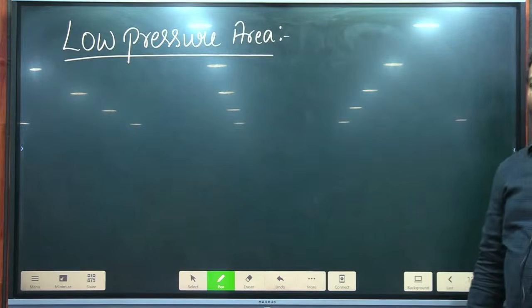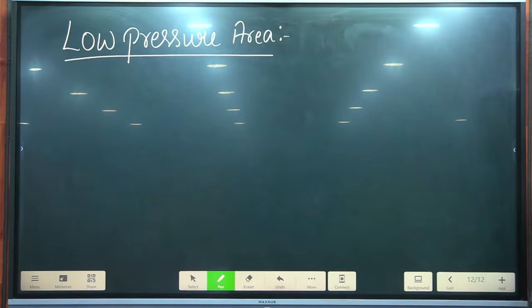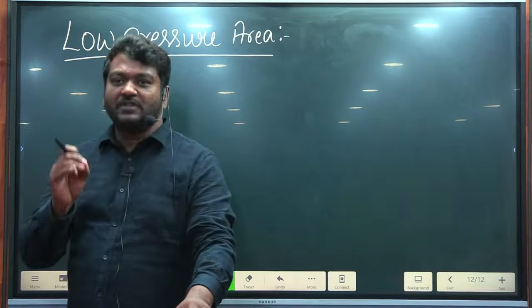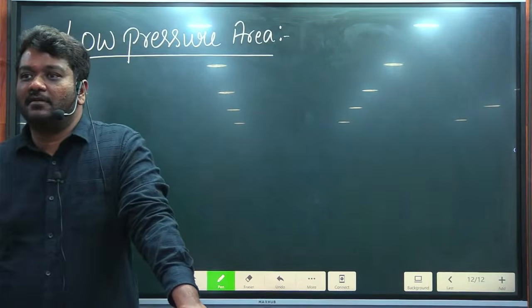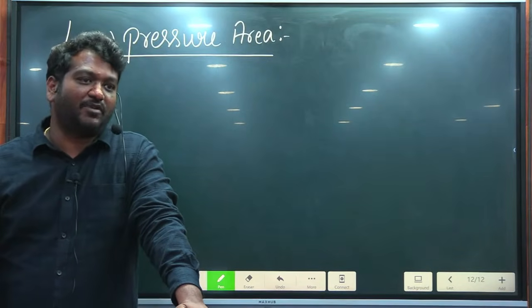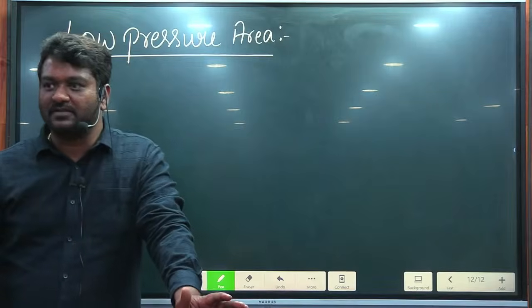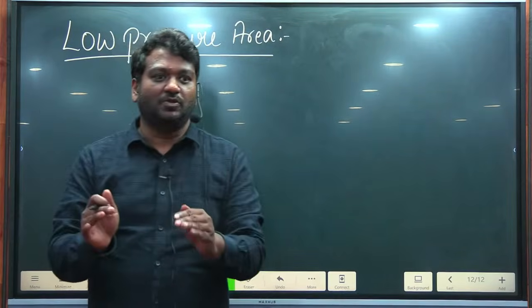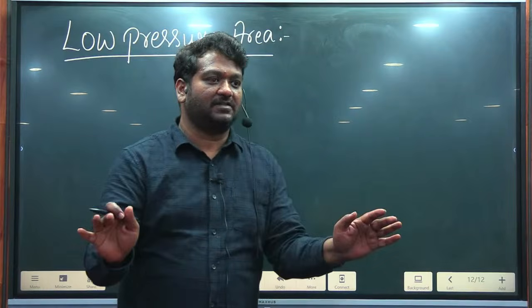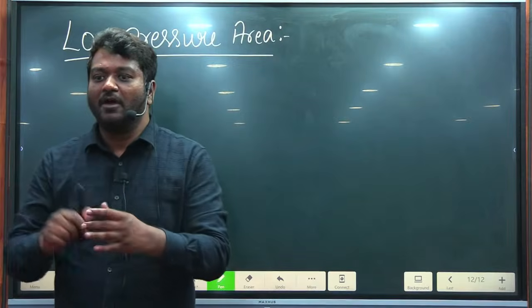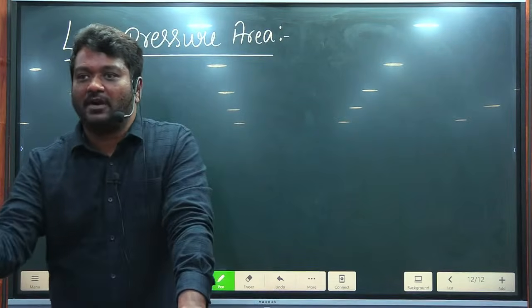Because now think and tell, what is the meaning of low pressure area? There must be more number of particles or less number of particles? Less number of particles. Please understand, anything which leads to fewer particles is called a low pressure area.